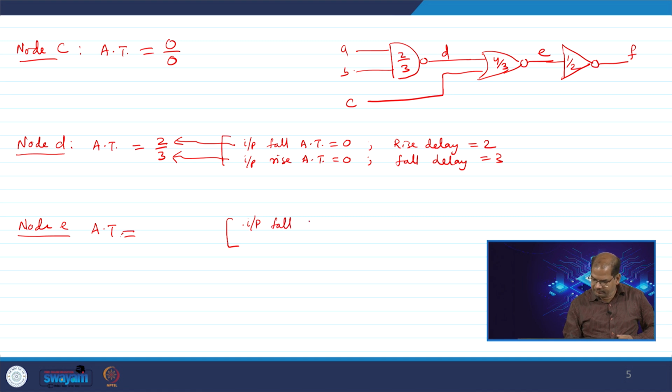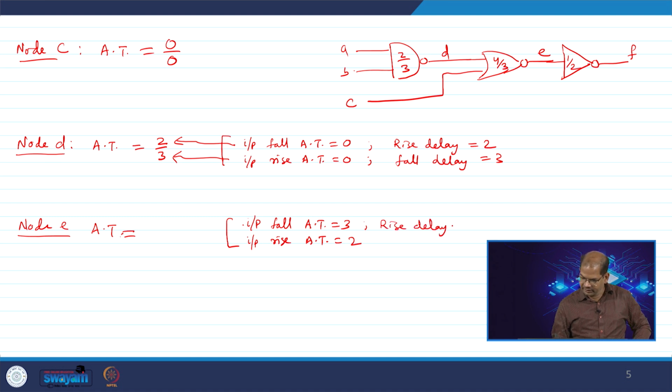The input fall arrival time is 3 and input rise arrival time is 2, and you have the rise delay equal to 4 and the fall delay equal to 3.